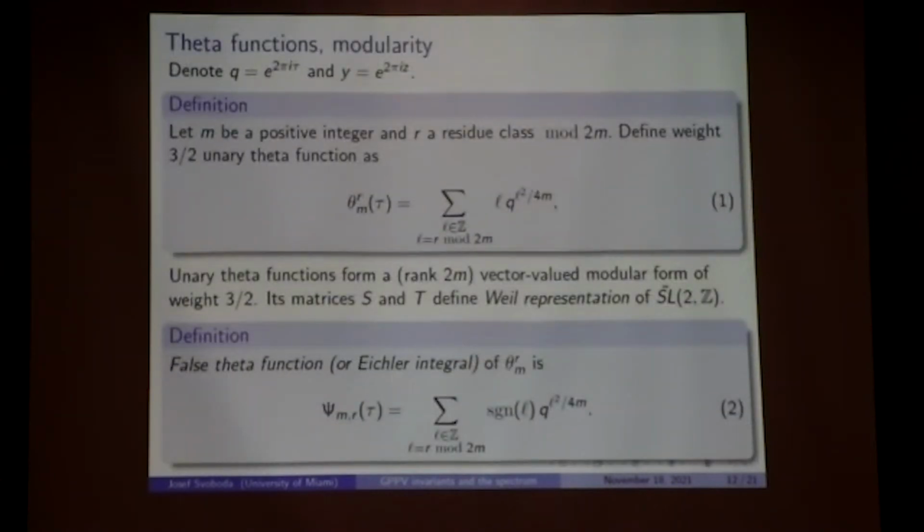So these are the definitions I need. This is the usual notation from modular forms. If I take a positive integer n and a residue class modulo 2n, I can define this weight 3/2 unary theta function as an infinite sum over all numbers in this residue class, of l times q to the quadratic term l squared over 4n.